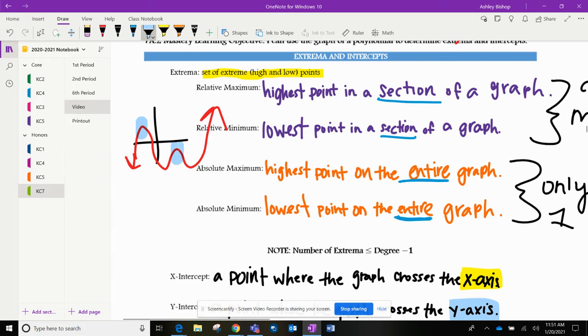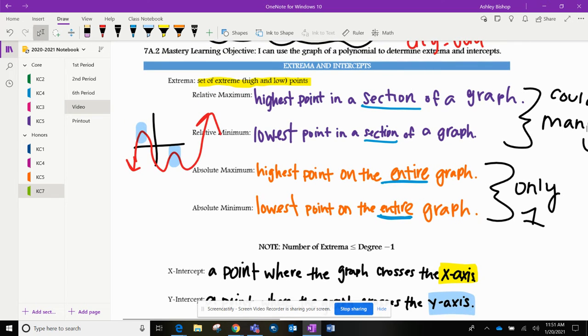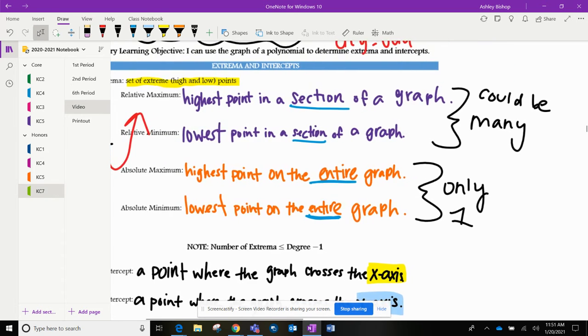But also there's another spot where we see a maximum. And maximum happens anytime your graph goes up and then down. So it looks like the top of a hill. So the highest point on a section of the graph. So this example that I just came up with off the top of my head has 2 relative maximums. So I wrote myself a note off to the side here that there could be many of these, okay?